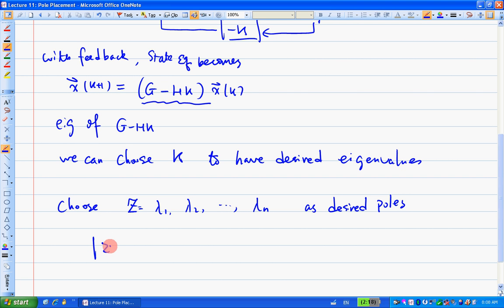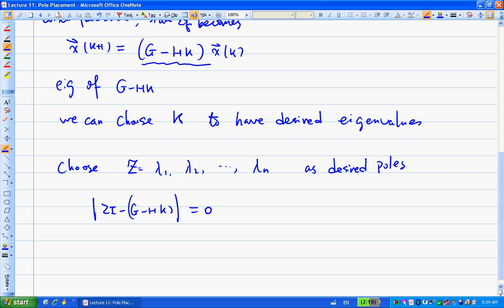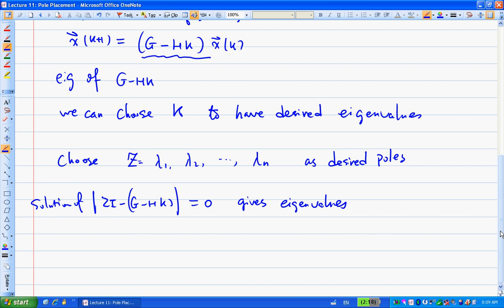If you look at this one here, the eigenvalue of that is basically the solution of this determinant here. So this equal to 0. In other words, the solution of this gives the eigenvalue, and the determinant of this matrix is essentially a polynomial.